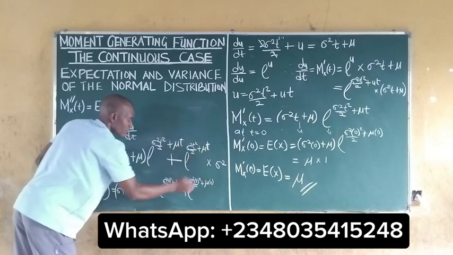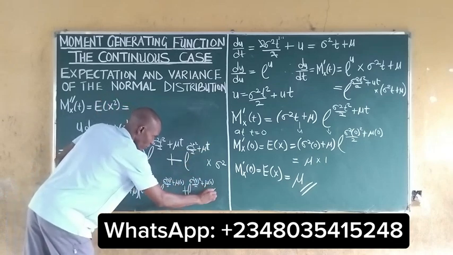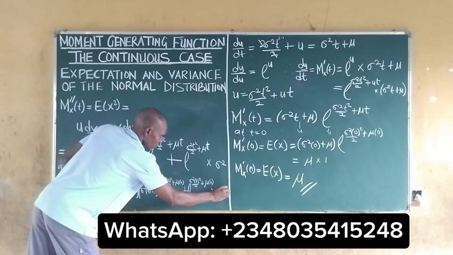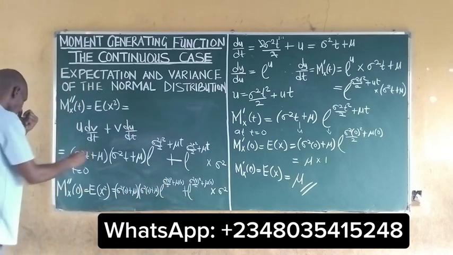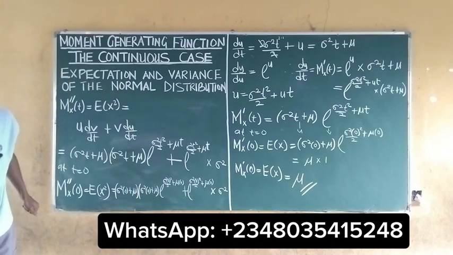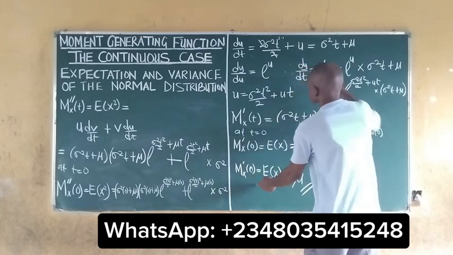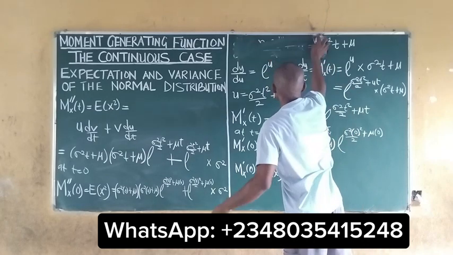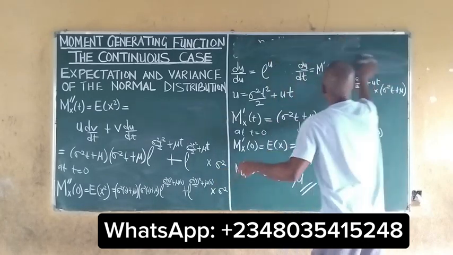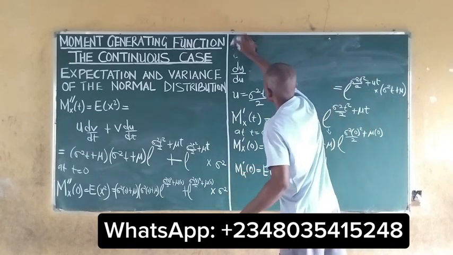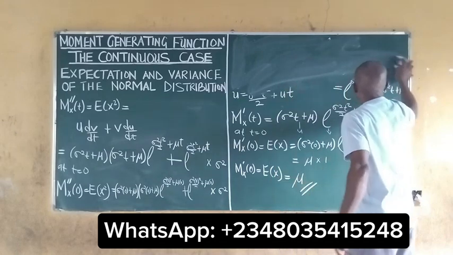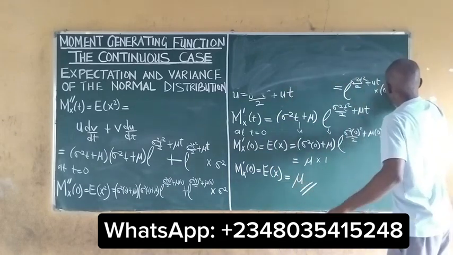This is t. Multiplied by sigma squared. So this is what we get.